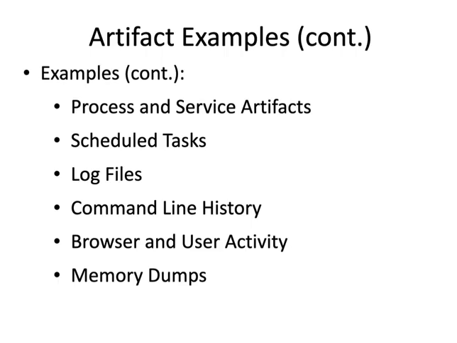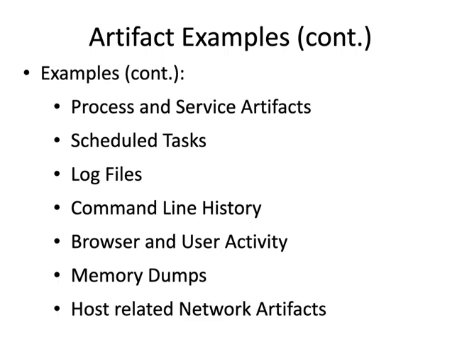We might want to do a memory dump, which is making a copy of the contents of memory or a portion of memory on the machine. And there may be host-related network artifacts, that is, artifacts that involve communication to and from the host we are investigating.